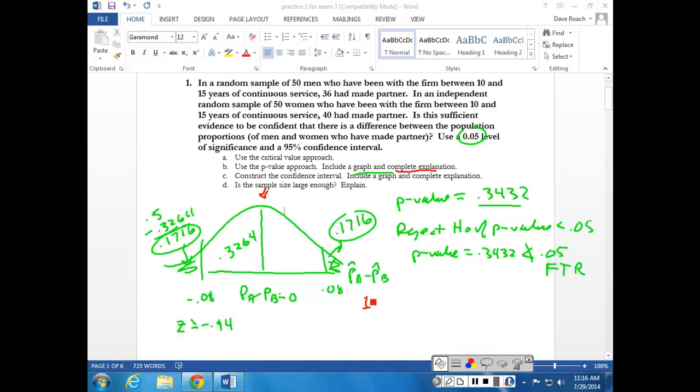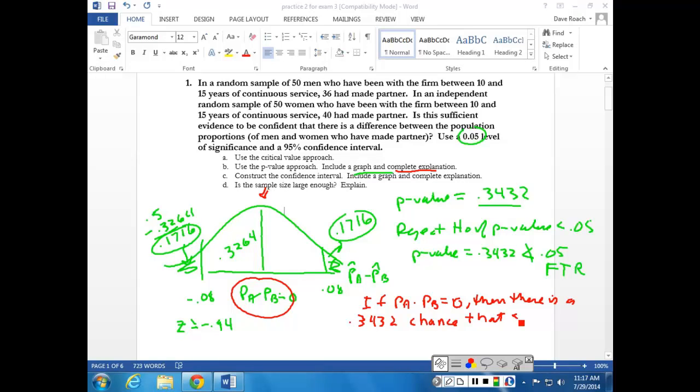If PA minus PB is equal to 0, if that's true, then there is a 0.3432 chance, a p-value chance, that samples of NA equal NB equal 50. That's just the two sample sizes that we took here.